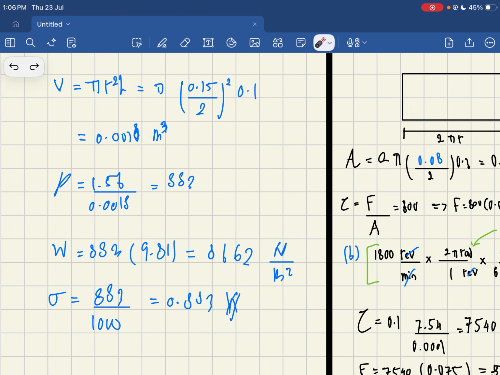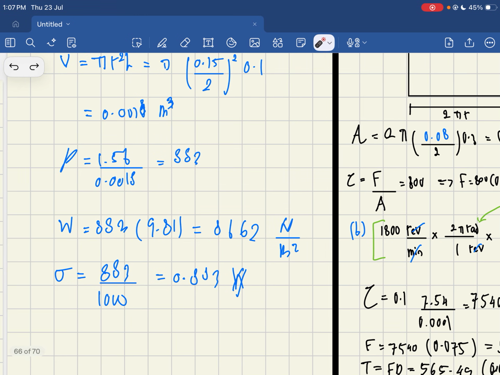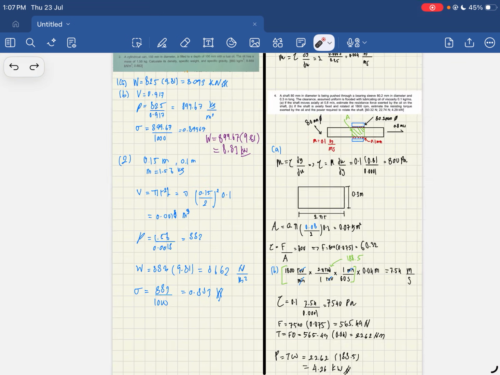Calculate density, which is mass divided by the volume, thus we will get 883. Whereas for specific weight, the product of density times the gravitational acceleration, the value would be 8662 Newton per meter square.